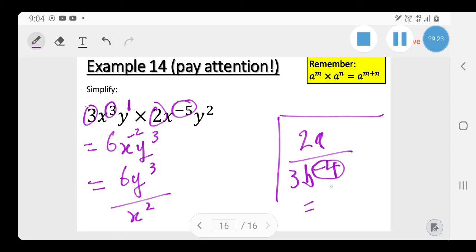So the answer to that would be 2a b to the positive 4. You have to change the negative to a positive when it goes from bottom to top or from top to bottom, over the 3. The 3 still remains on the bottom because the 3 has a positive power, 1.